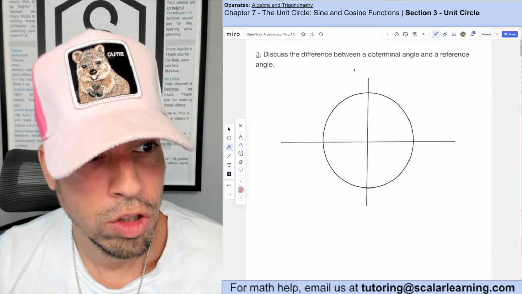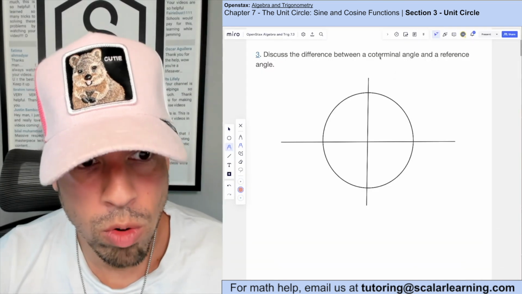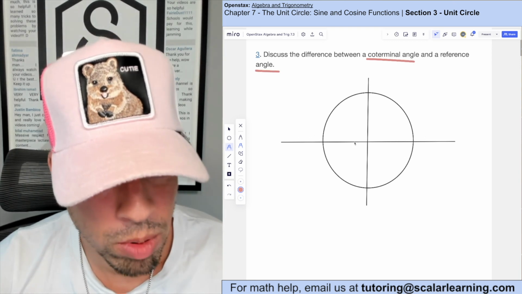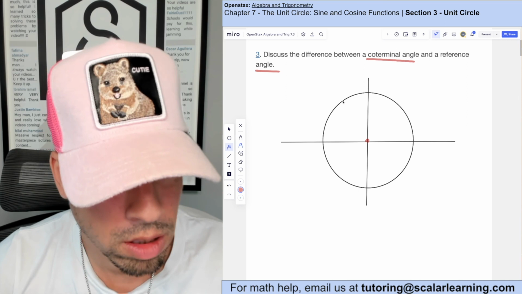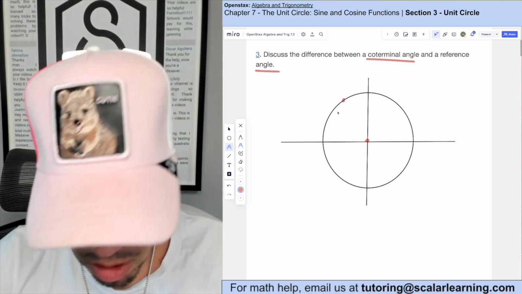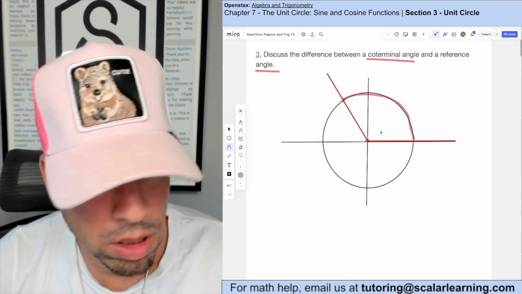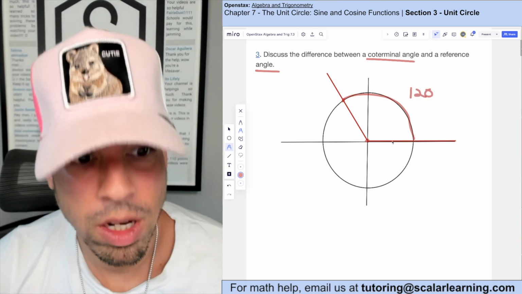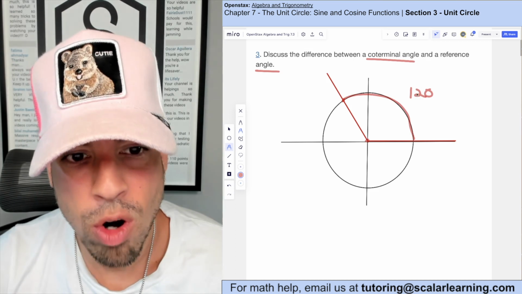Boom, done. This question says, describe the difference between a coterminal angle and a reference angle. Let's first take an example angle, around 120 degrees. Here is the angle, this is 120, and there is the initial side and the terminal side. First, coterminal angles.